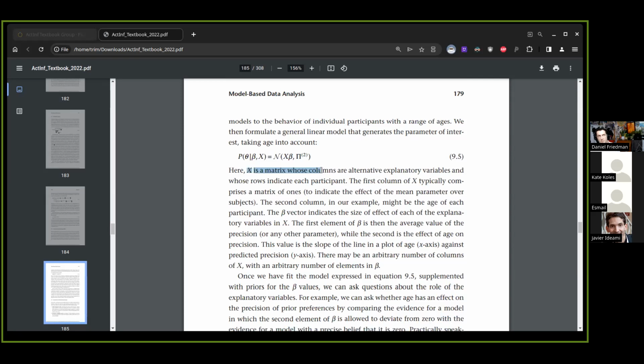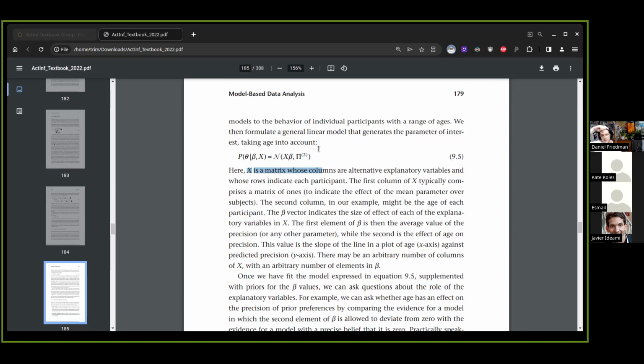So if there was hot and cold and 7 days of the week, you have one column for hot and cold and another column for day of the week 1 through 7. And then each row in the experimental matrix would be like, okay, sample 12, it was hot and it was a Tuesday. Sample 13, it was hot and it was a Wednesday. Sample 14, it was cold and it was a Thursday.